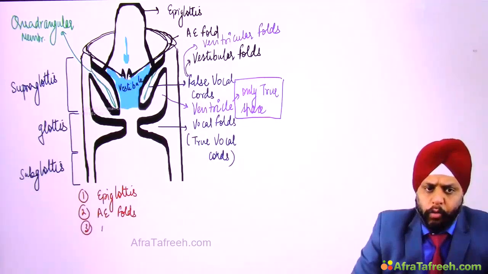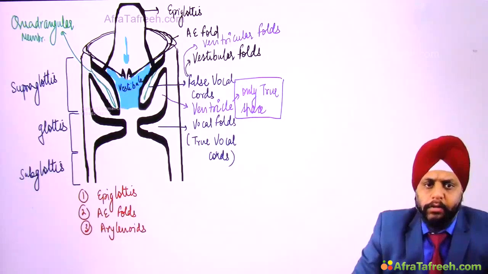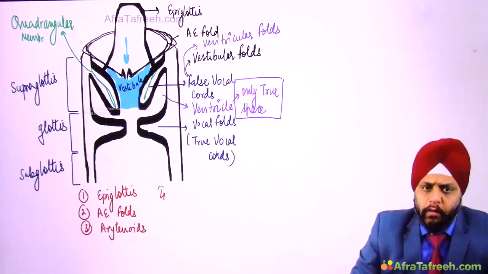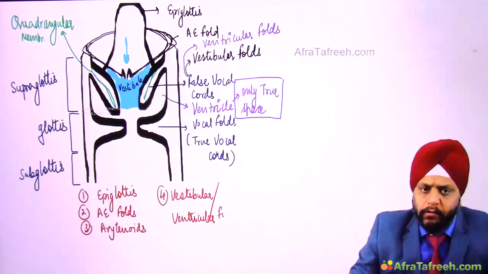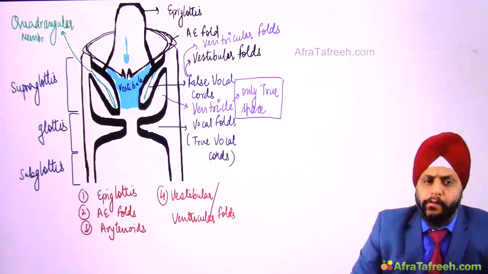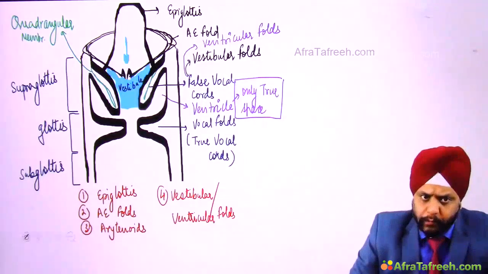Number three, we have a pair of arytenoids posteriorly. And number four, we have a pair of vestibular or ventricular folds. These are the structures we have just discussed inside the supraglottis.